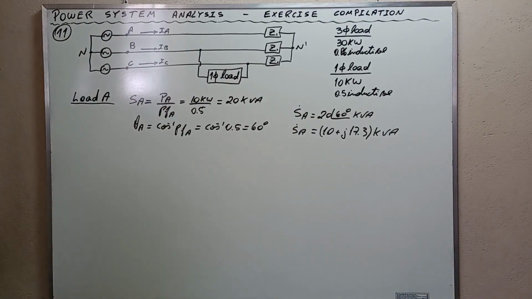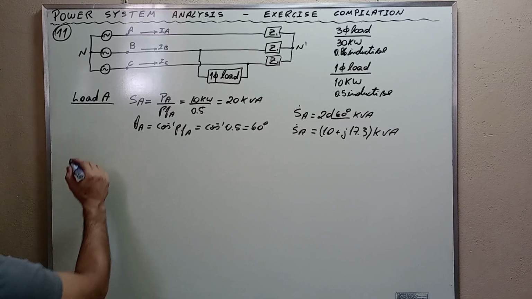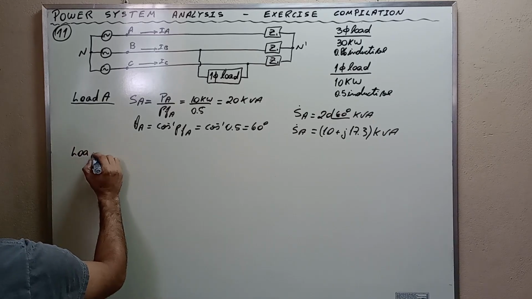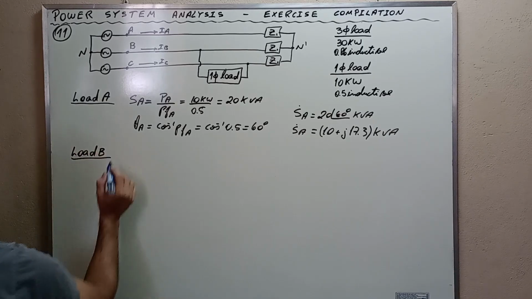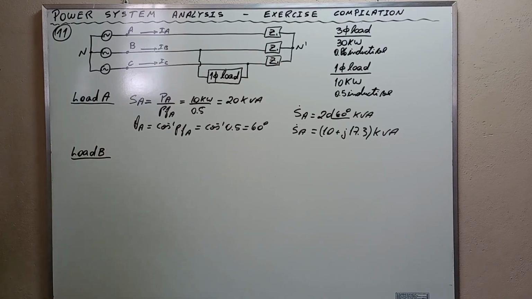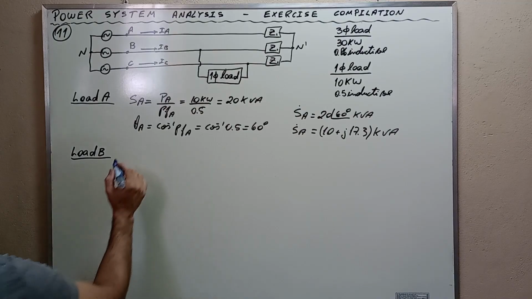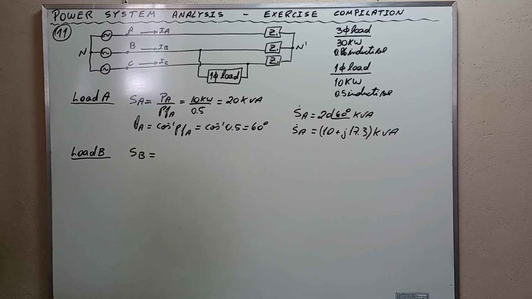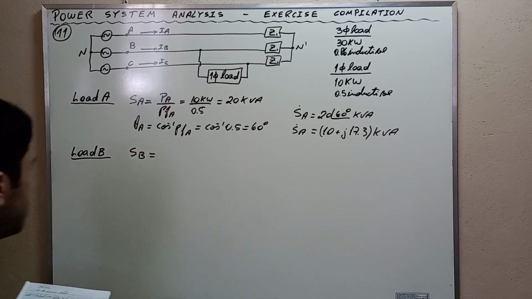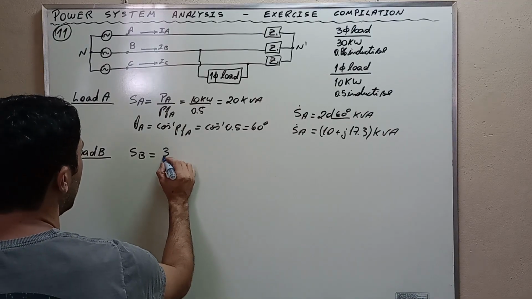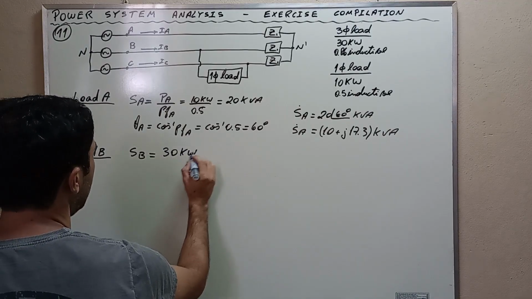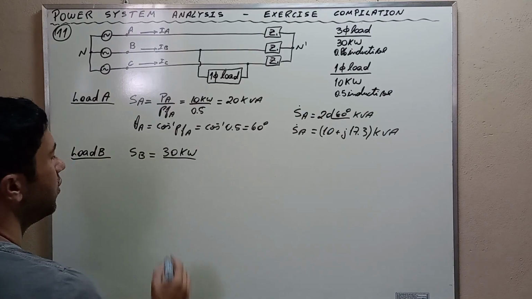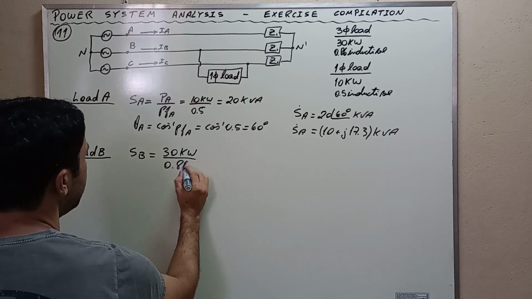Okay, now let's work on the three-phase load. We are going to call it load B. Load B is the three-phase load. One more time, the apparent power is equal to the real power divided by the power factor. The real power for us here is 30 kilowatts, and the power factor is 0.86.